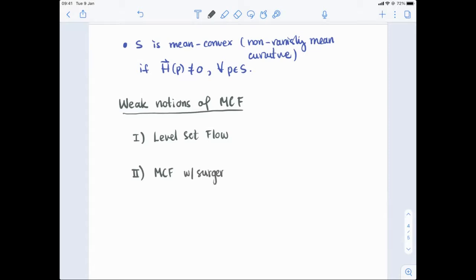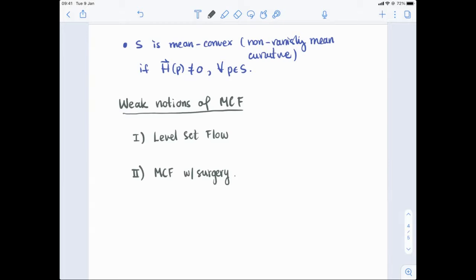So I believe this was first done by Huisken and Sinestrari for dimension greater than 3, and then, more or less at the same time, by Haslhofer and Kleiner in dimension 2, and Brendle and Huisken also in dimension 2.